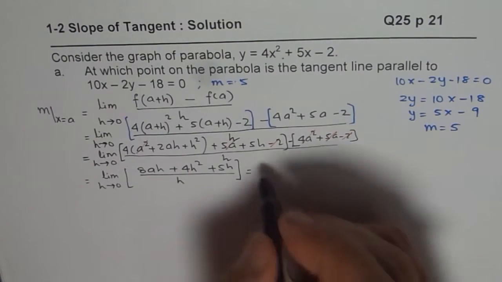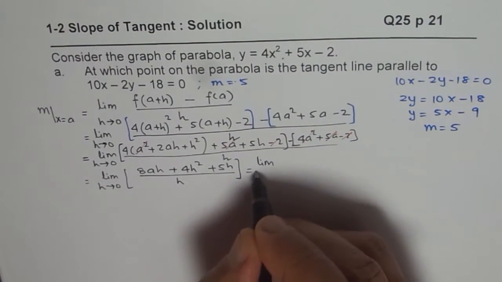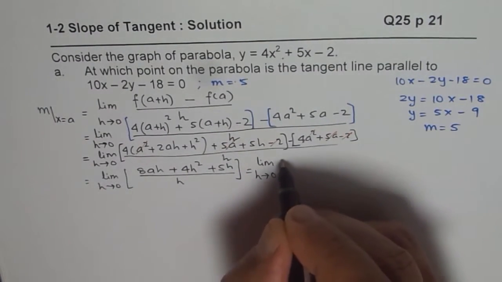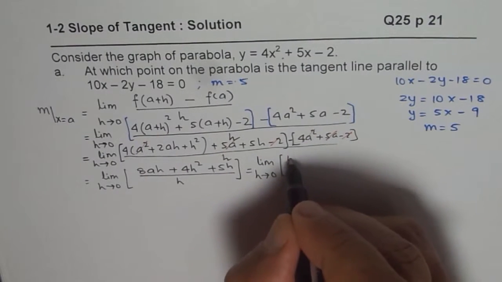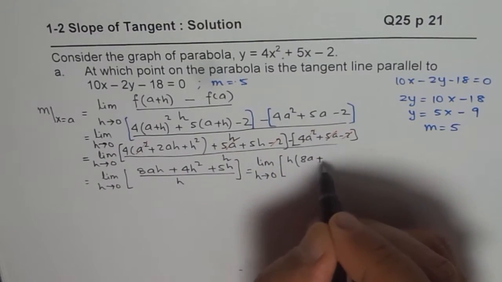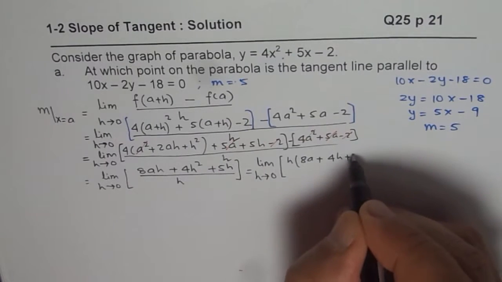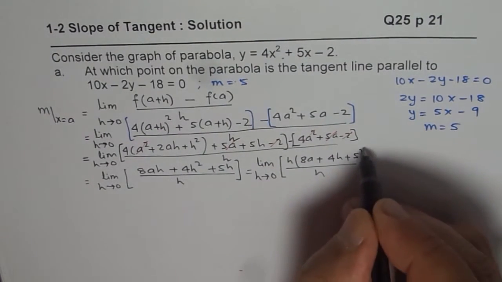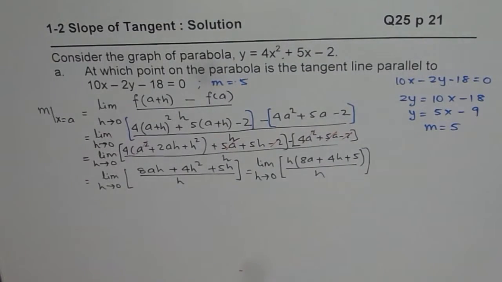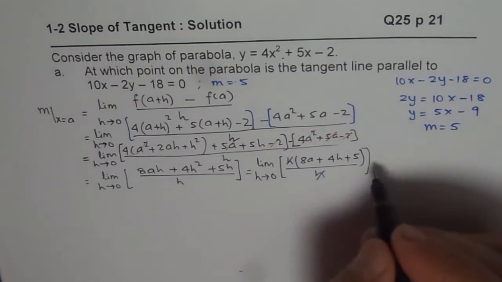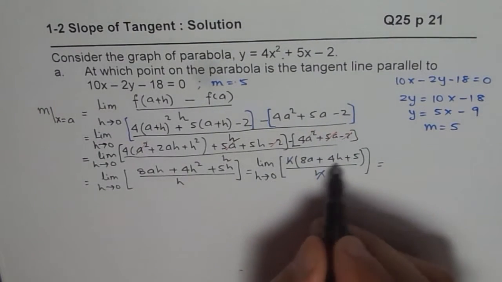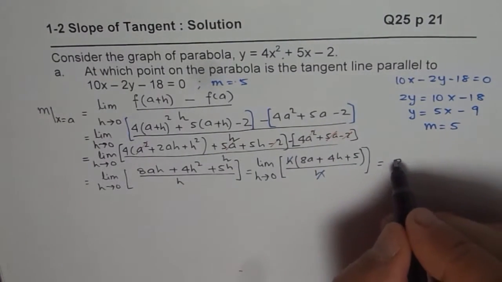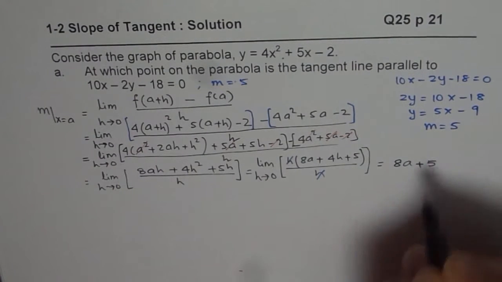Now here h is common, so I could write this as the limit as h approaches 0 of h times (8a plus 4h plus 5), divided by h, and now we can cancel h and simplify it further. Once you do that, you can now substitute h equals 0, and what you get here is 8a plus 5. Do you see that?